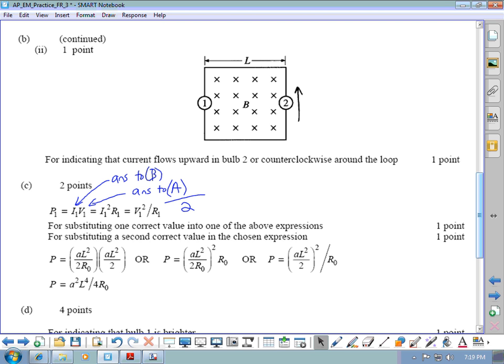Because it would show that you understand what to do, and it's not just simply plugging it in, but there's a little bit of extra understanding there. It's possible that they would do that, but the best way to make sure that they're going to give you credit is to come up with some magnetic field.